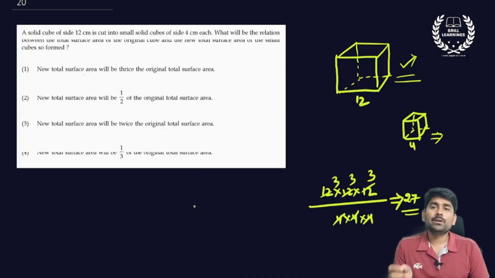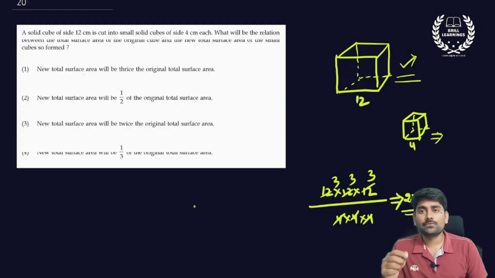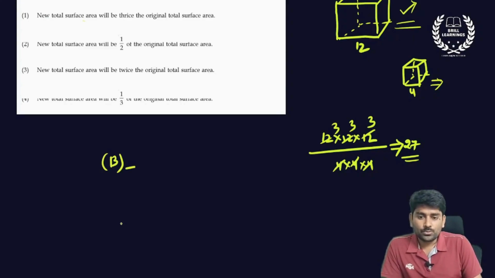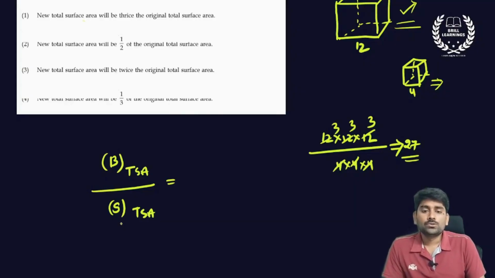Now I have to bring out the relationship between the total surface area of the bigger one and the total surface area of the smaller cubes. So first write the total surface area of the bigger cube by the total surface area of all smaller cubes. The formula is 6a square.